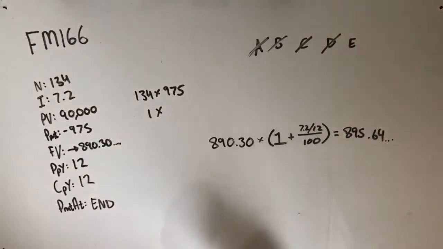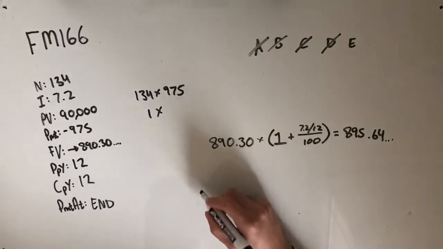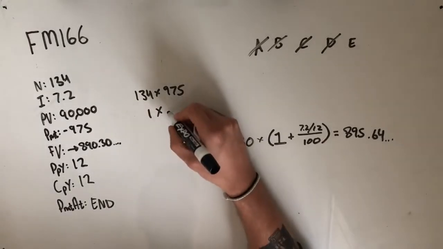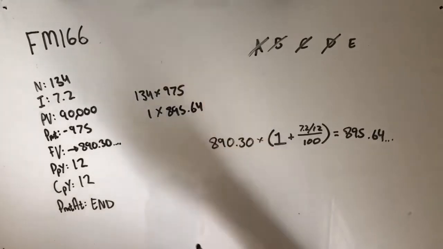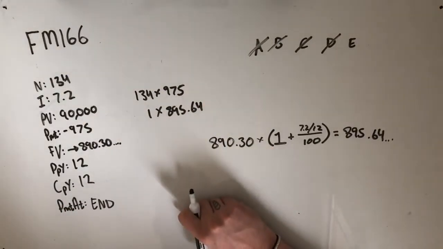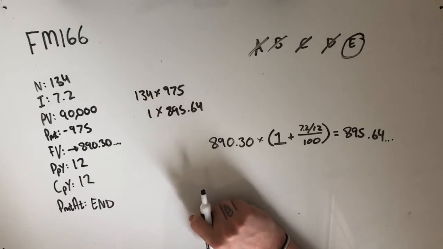Of course, there's some decimals around there, but that gives you a fair indication, which means our final payment, we've got 134 full payments of $975 and one payment of $895.64, which puts us over that $891, which means that E is false and is our correct answer.